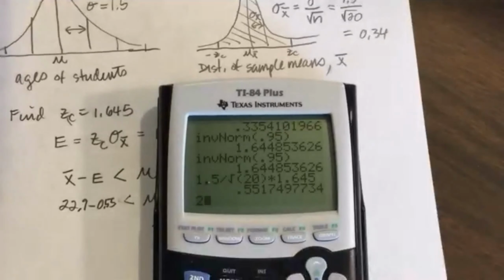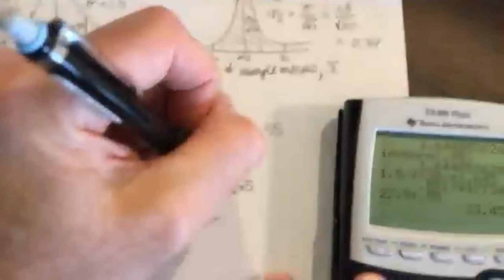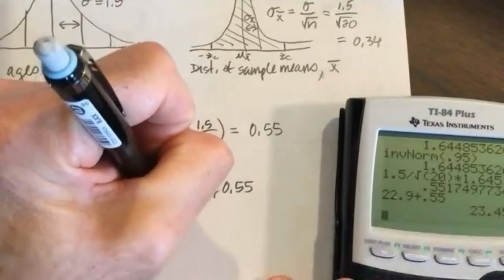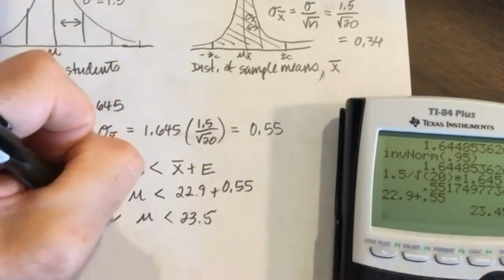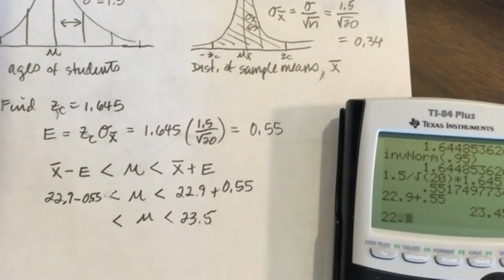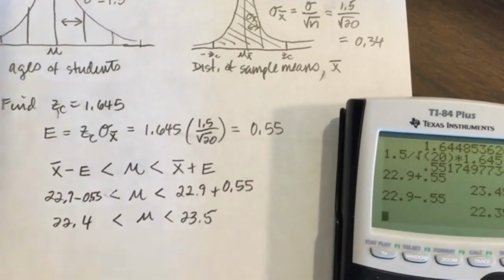I got 22.9 plus 0.55, or 23.45, which I think I'll round up to 23.5, and down to 22.9 minus 0.55, or 22.4.